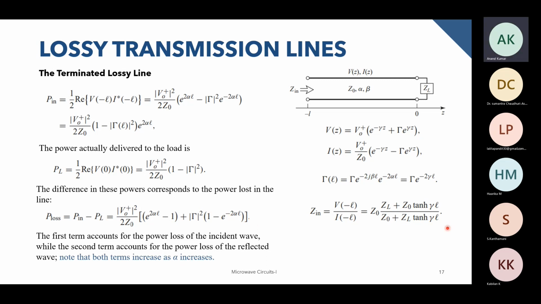Okay, so there's a question. If two conductors of a transmission line are very far apart, will C become vanishingly small? Yes, the capacitance in the two-conductor transmission line is basically due to these two conductors, and C will become vanishingly small.